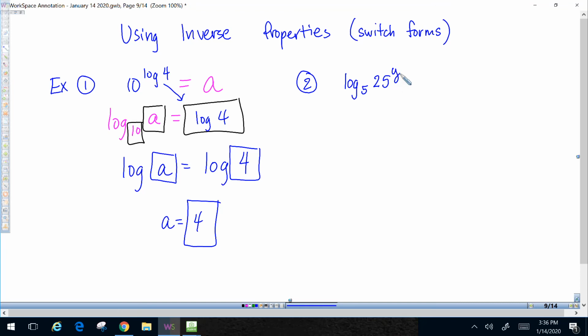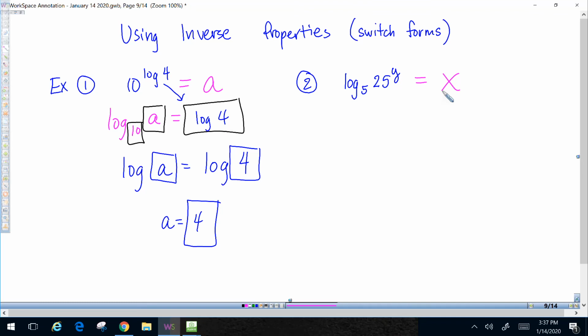So log base 5 of 25 to the y. This is a logarithm, and the answer to a logarithm is an exponent, so it equals x. That's where I wanted my x to be.